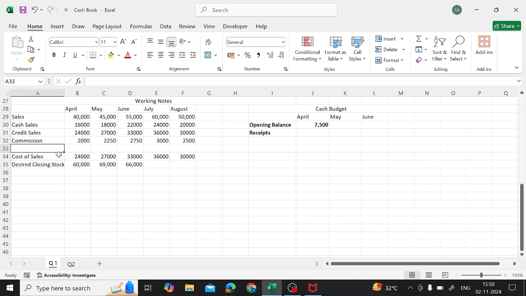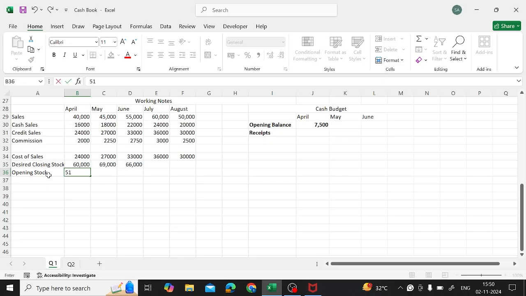Now from this we will subtract the opening stock. The opening stock for the month of April is given as 51,000. For May, it will be the same as the closing stock of April, and so on.